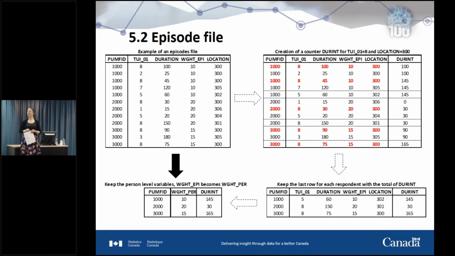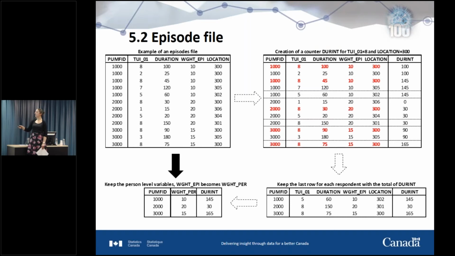We derive this by creating a counter. For each episode that meets our characteristic, we will sum up the duration. At the end, you will keep only the last line with the total time spent. To better understand, we'll see a little example of that.